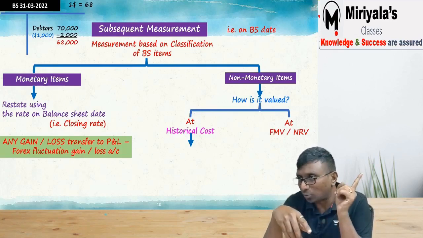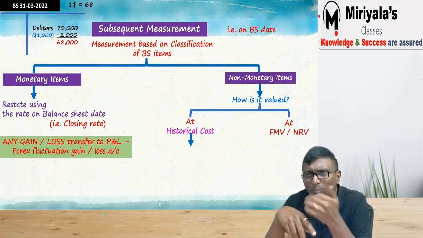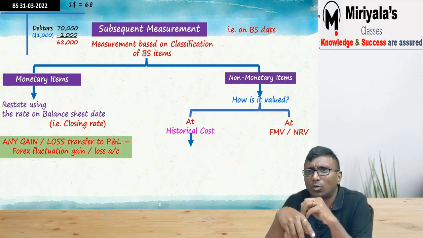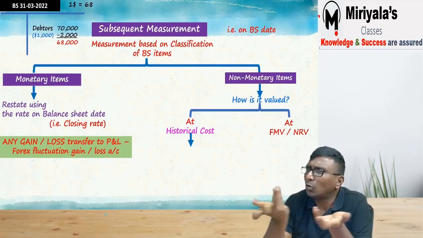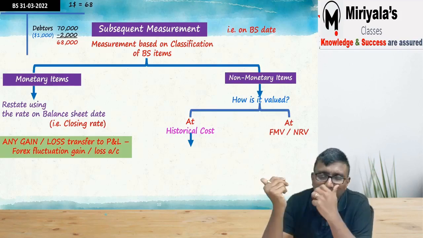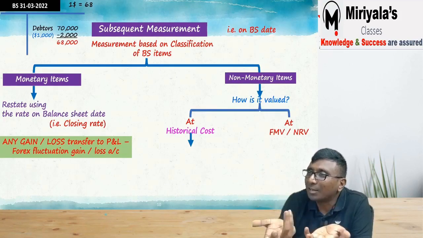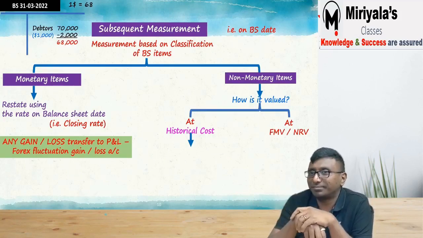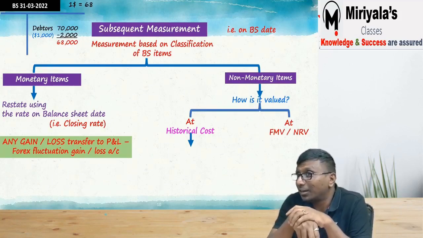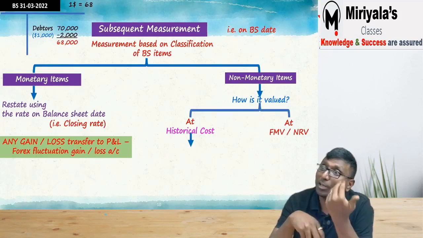Will you go and pay back 2,000 rupees again? No. Are you liable to pay? No. If it is 68, will he come and pay you? Why? Over transaction, over. I already paid, I got the laptop. When there is nothing payable, when there is nothing receivable, then why restatement? But in case of debtor you had a right to receive in dollars, in case of creditor you had an obligation to pay in dollars.